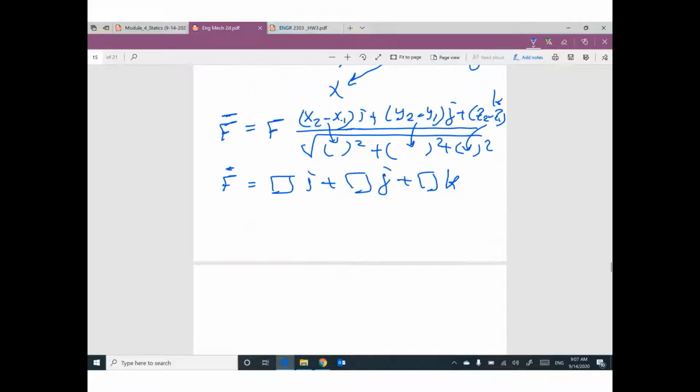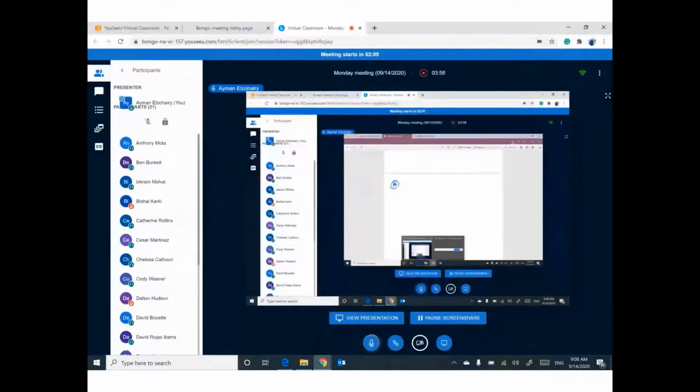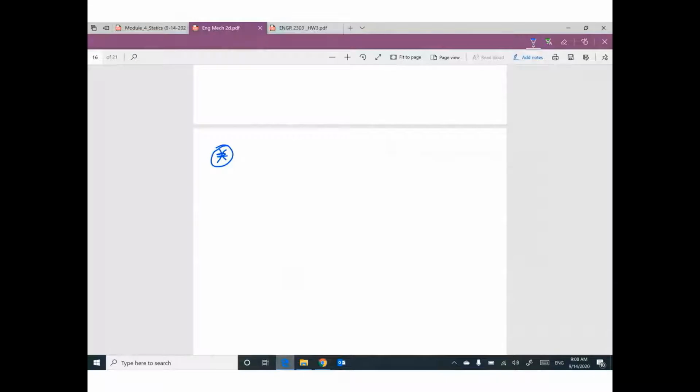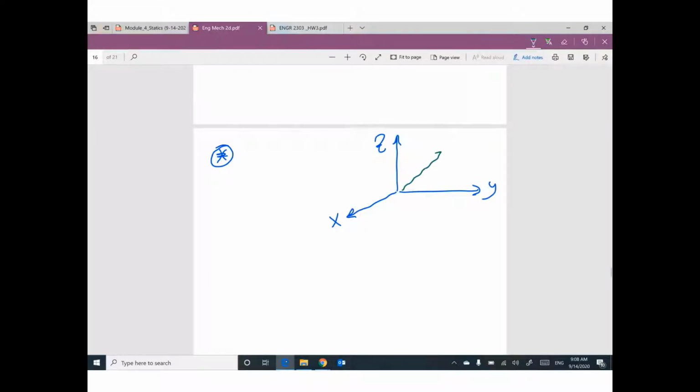We have third condition, which needs more attention. We have X, Y, Z, and you have a force like this one called F. And this F has a projection line like this one. This is called the projection line.